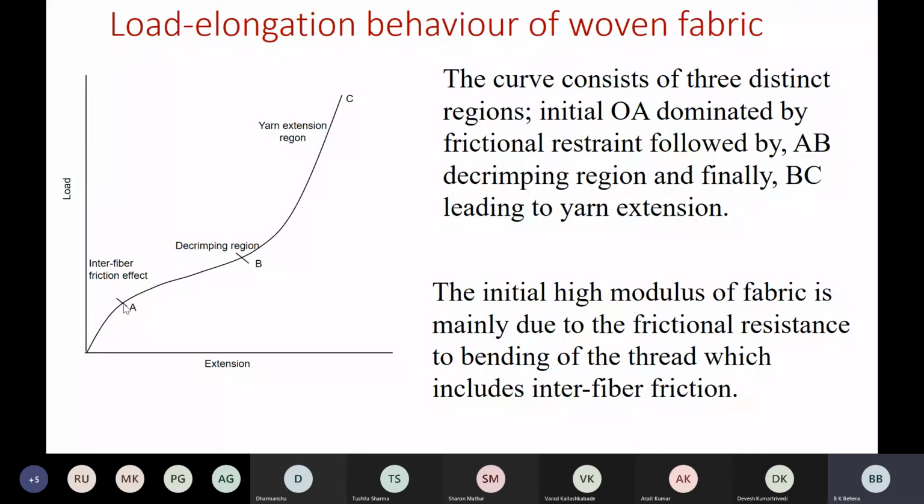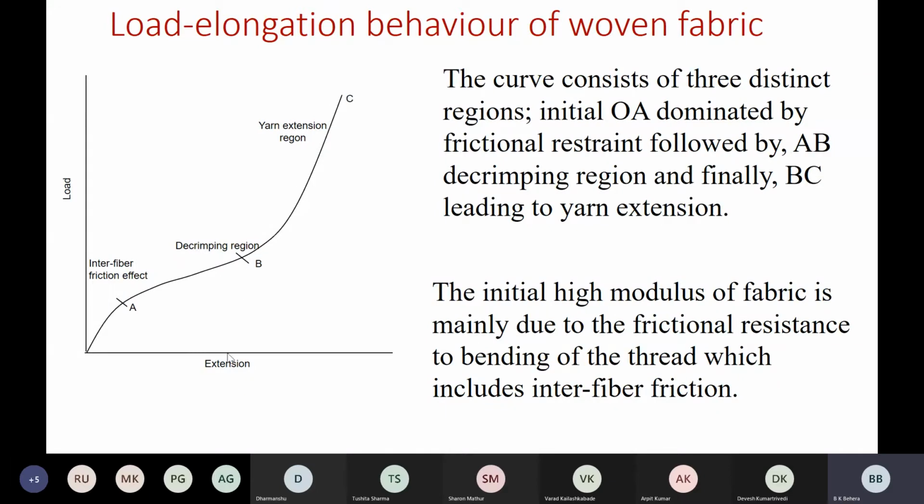So we call it frictional restraint or interfiber friction effect. So OA, from origin to this point, you can see the modulus is very high compared to this zone.